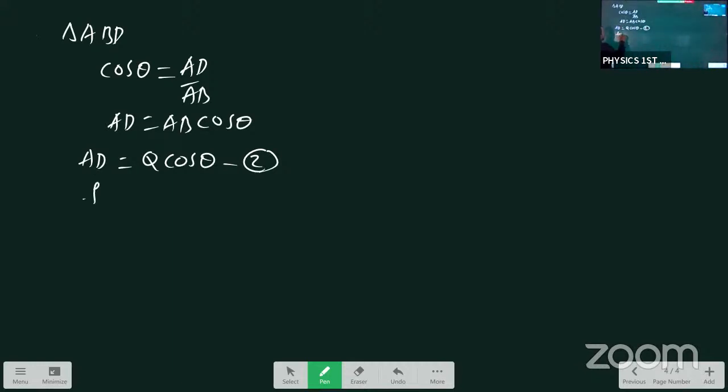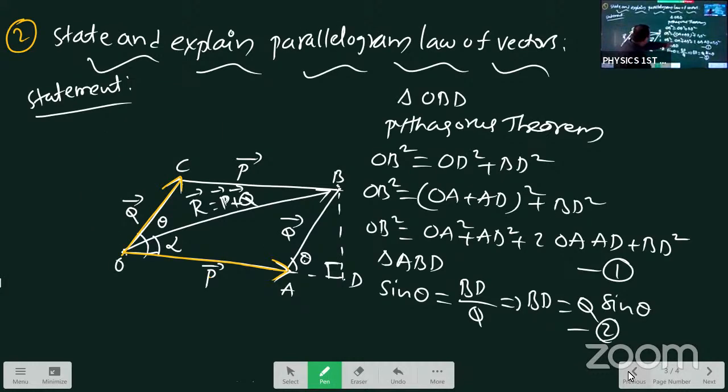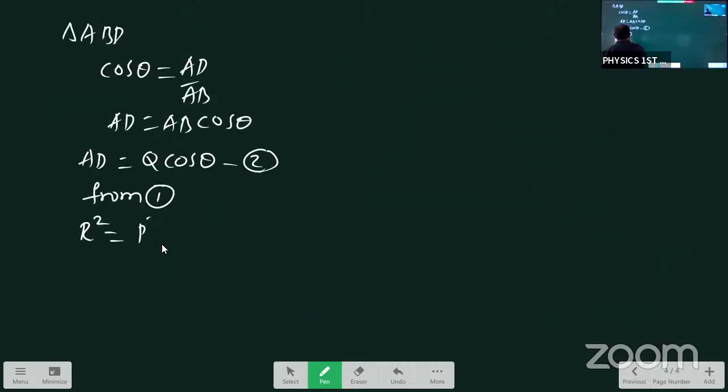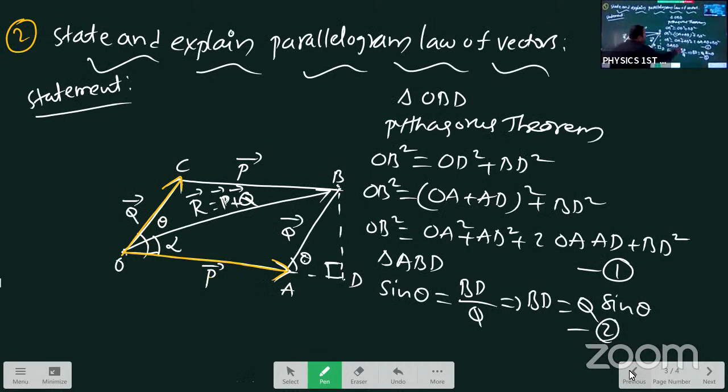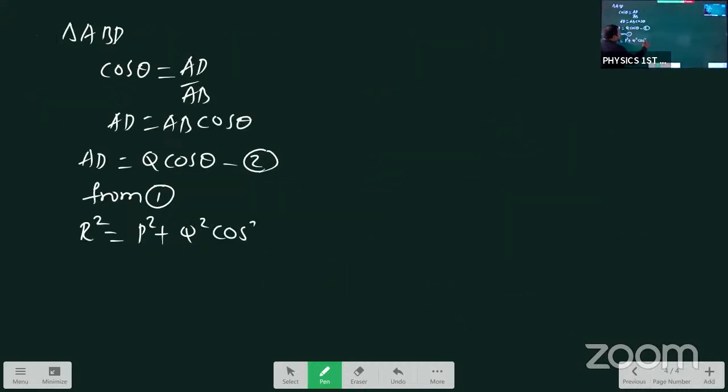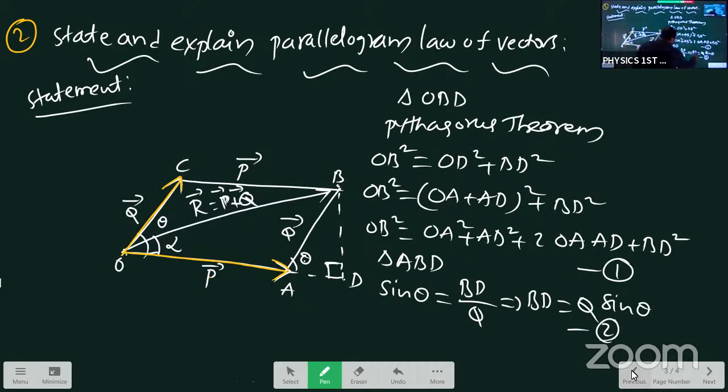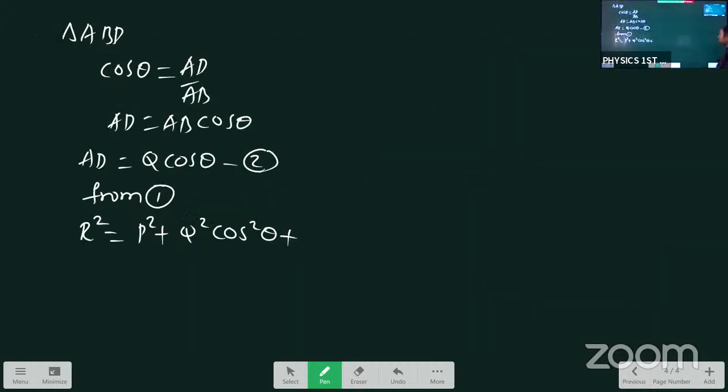From equation 1, R square equals OA square, OA is nothing but P, so P square, plus AD square, AD is Q square cos square theta, plus 2 into OA, OA means P, 2P AD, AD means Q cos theta, so 2PQ cos theta, because of the AD value.